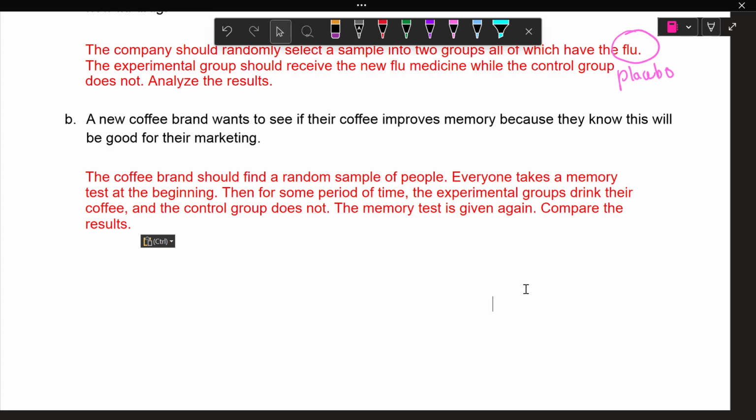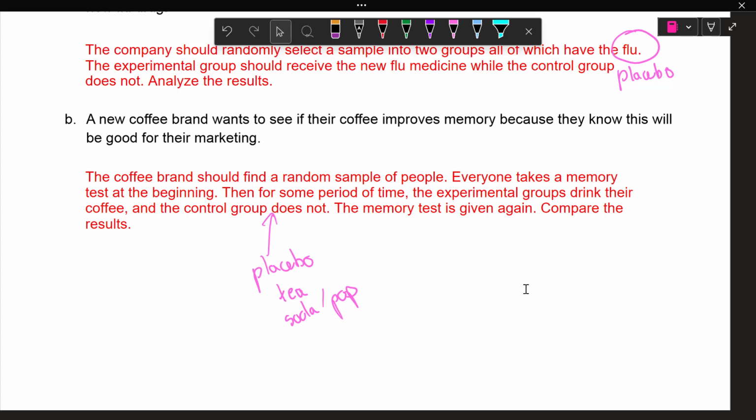Everyone takes a memory test at the beginning. Then for some period of time, the experimental group drinks their coffee, and the control group does not. Again, maybe they get a placebo, maybe they get tea or soda. They're given something else, or not given anything. The memory test is given again, and we compare the results.